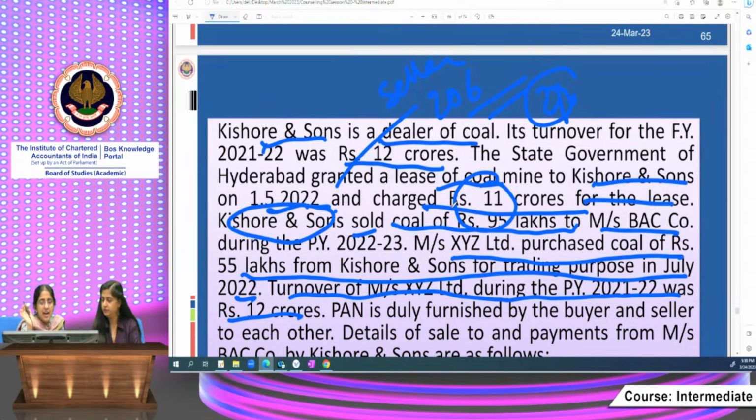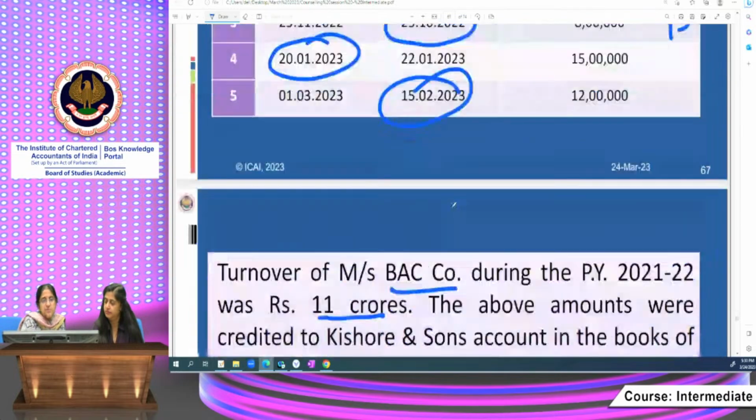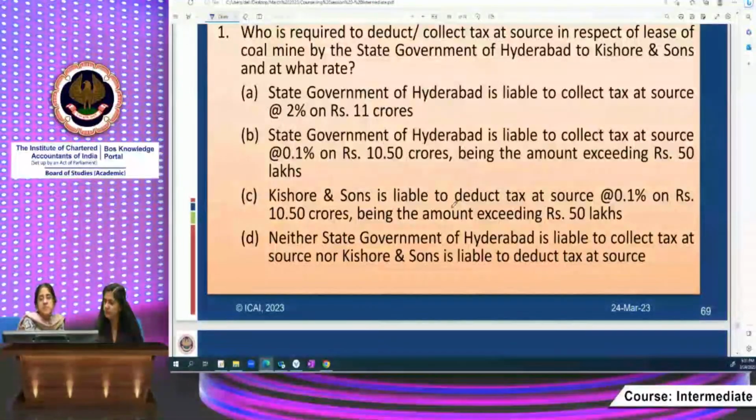If it's the specific provisions of 206C(1C), (1F) and all, they will prevail over 194Q. So the state government has to collect tax at 2% on 11 crores. A would be the correct answer in this case.